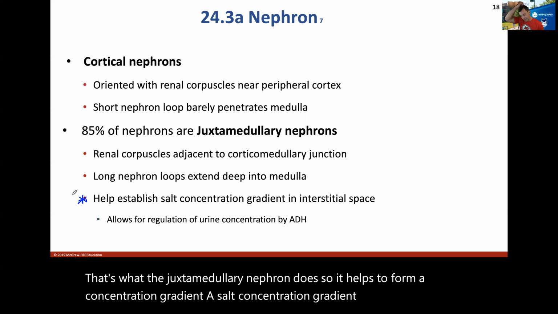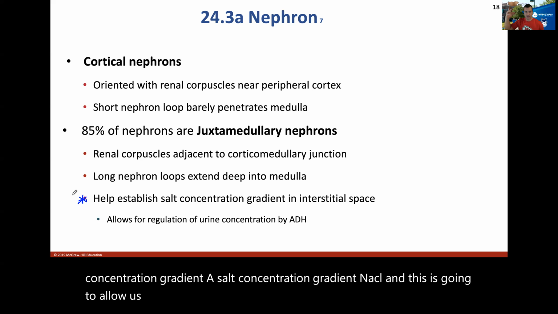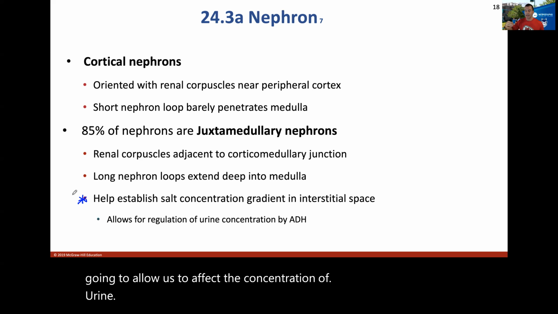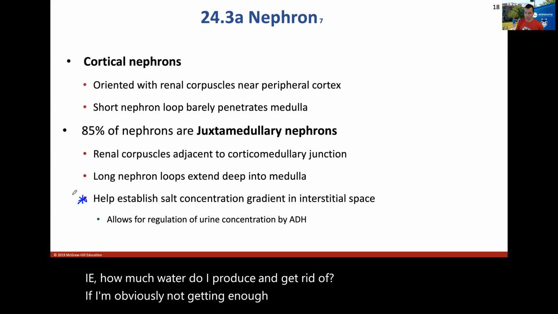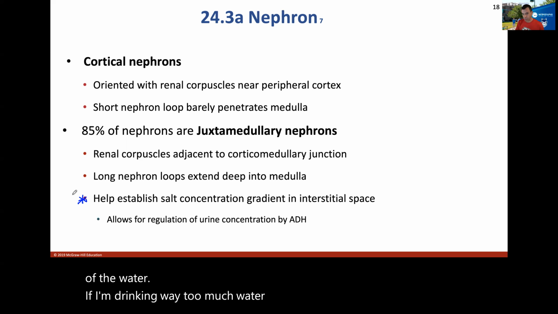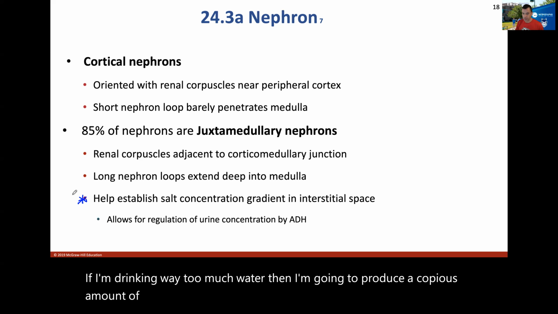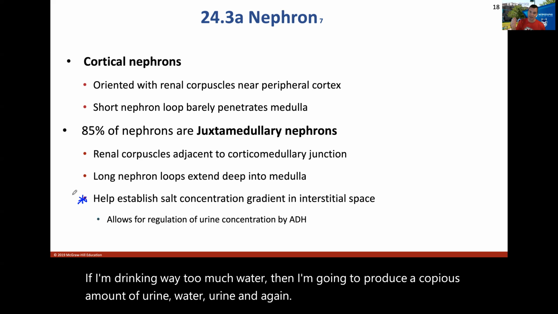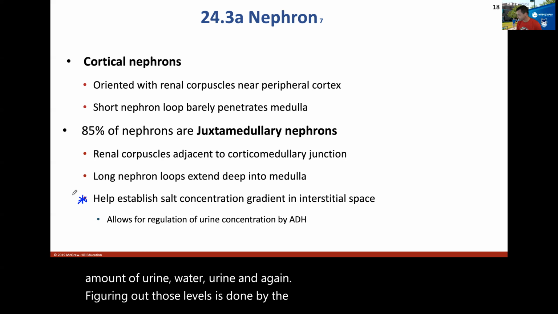And this is going to allow us to affect the concentration of urine, i.e., how much water do I produce and get rid of? If I'm not getting enough water, I'm going to reabsorb more of the water. If I'm drinking way too much water, then I'm going to produce a copious amount of urine, watery urine. And again, figuring out those levels is done by the juxtamedullary nephron.